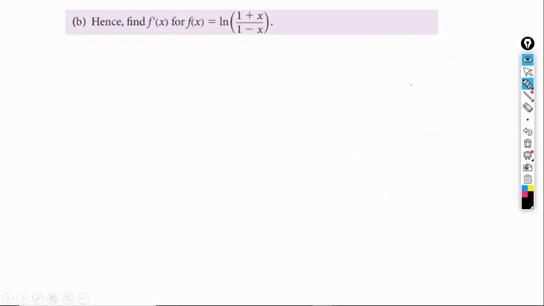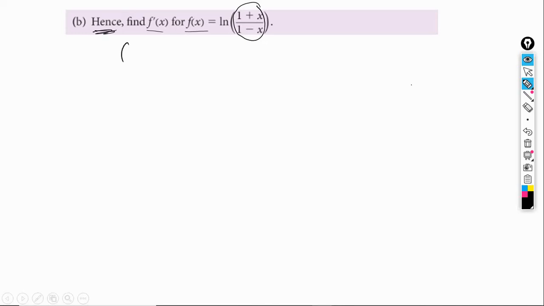Okay, so for part B, they say, hence, find the derivative of f of x for f of x equals natural logarithm of 1 plus x over 1 minus x. Now notice that this is the same expression from before. That's why they have the word hence, because we need to apply what we got before in this case, right?